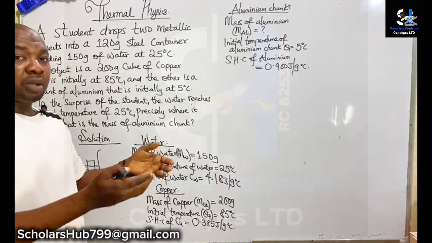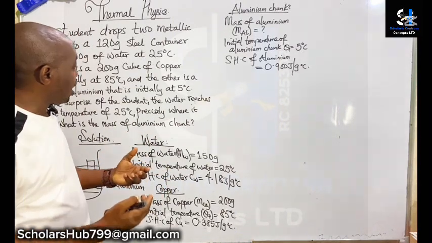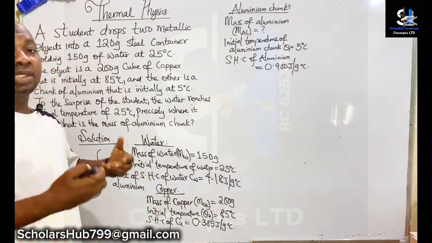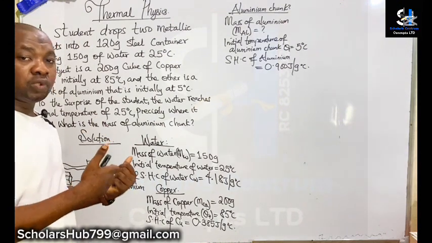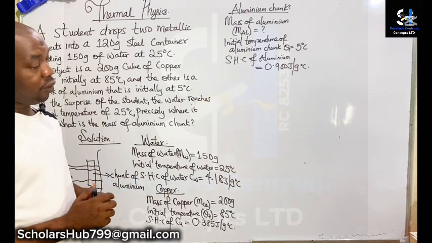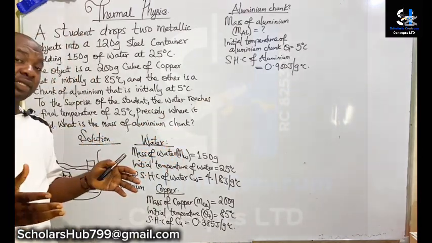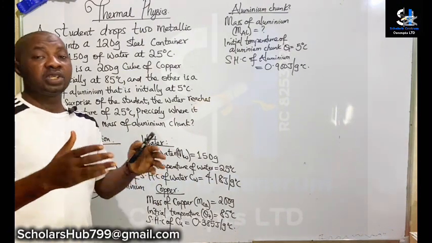Water gains heat, aluminium also gains heat, but copper loses it. So we need to set up the equation for conservation of energy: heat lost equals heat gained.